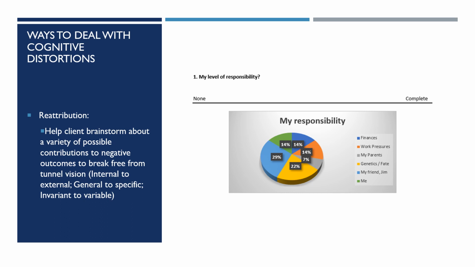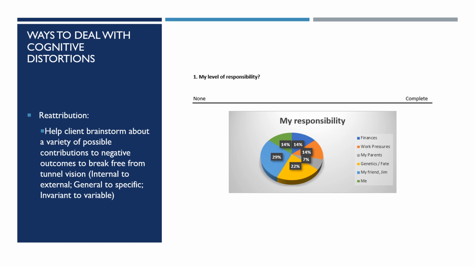Some clients are constantly feeling guilty about what happened to them or what happened to their family members. By using these attribution charts, there might be some responsibility on your end, but that could only count for 20%.